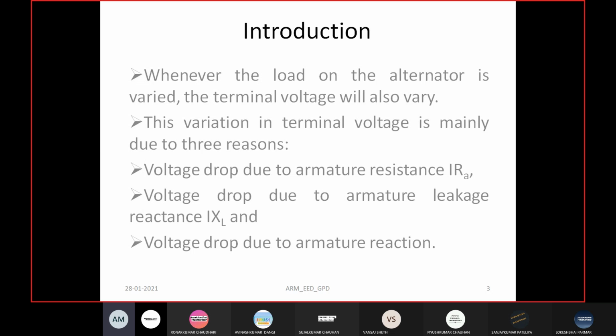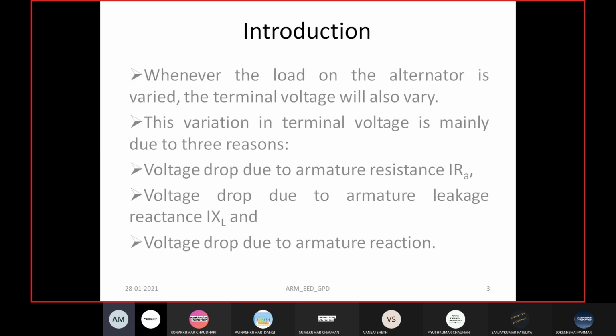This variation in terminal voltage is mainly due to three reasons. If the load is increased or decreased, the terminal voltage will increase or decrease accordingly, but this change depends on these three reasons.